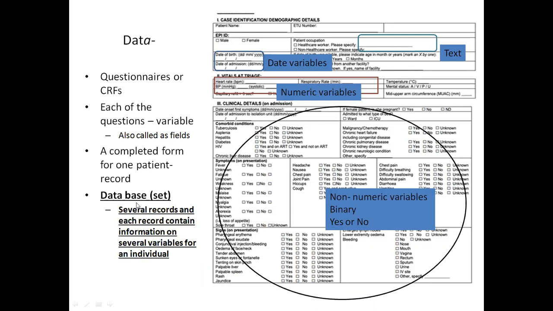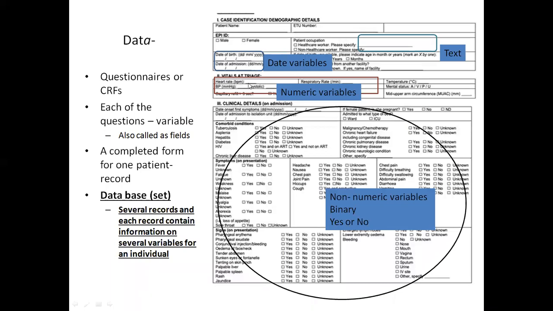So if you notice this form here, you would see that there are specific types of variables. You have a few date variables, as I blocked here, which take their values as dates.